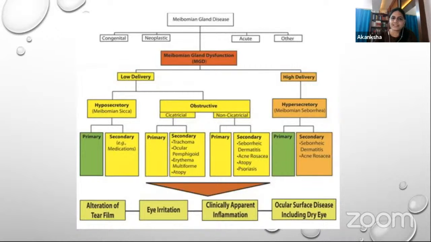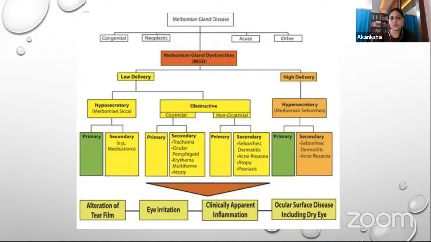So meibomian gland disease in itself can have congenital causes, neoplastic causes. One of the subtypes of meibomian gland disease is the dysfunction. And even when the meibomian glands are not functioning properly, they could be divided into low delivery and high delivery problems.